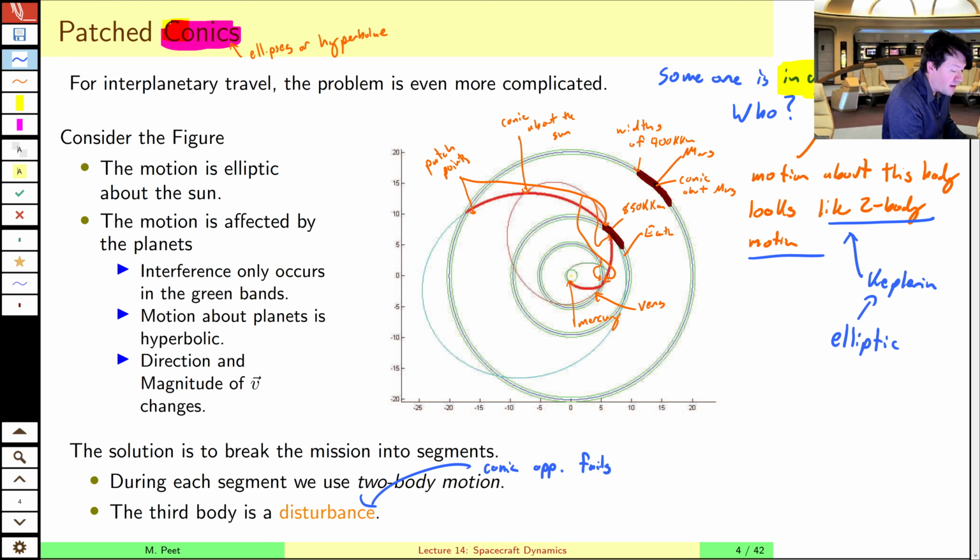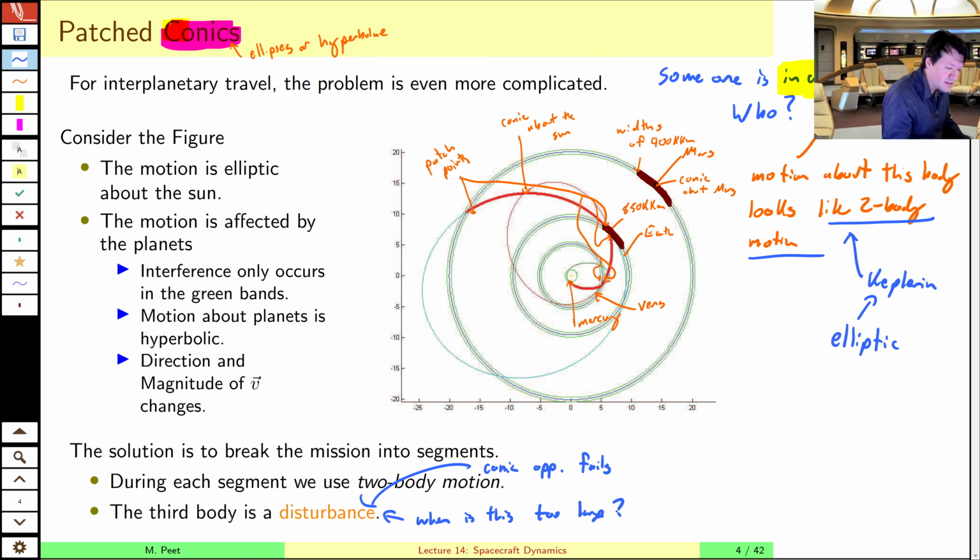We're not going to be using the equations very much, but we use that same logic to find the point at which the disturbance becomes too large. When does that disturbance become so large that the elliptic or conic approximation of the orbit just fails entirely? And then, of course, it picks up when we get to the other body.